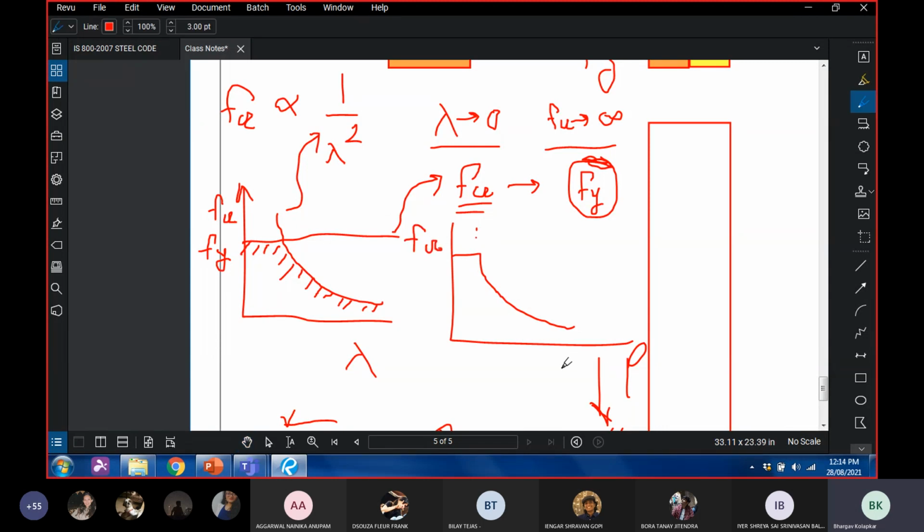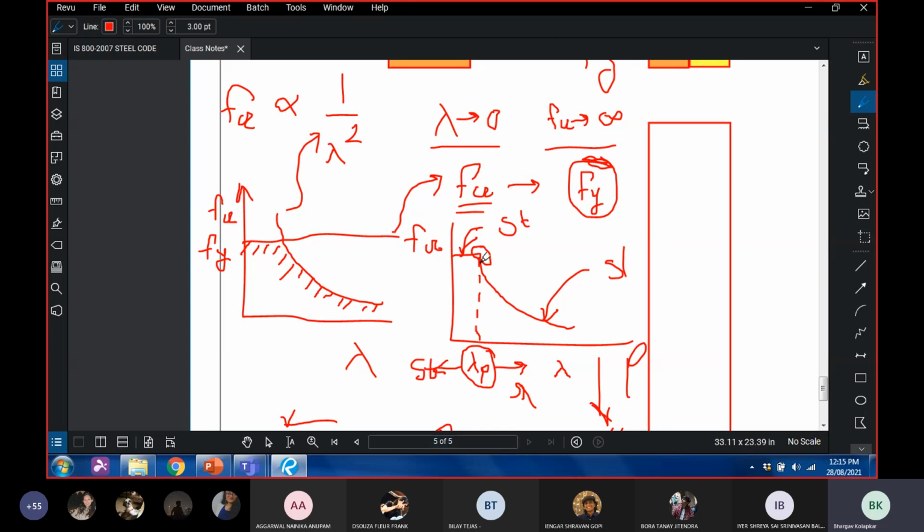FCR against lambda. There are two components of this curve. This is that of the slender column, and this is that of a short column. So we now have a transition point. If I find out the lambda for this, any lambda that is less than this will behave as a short column, and any member that has a lambda greater than this will behave as a slender column.